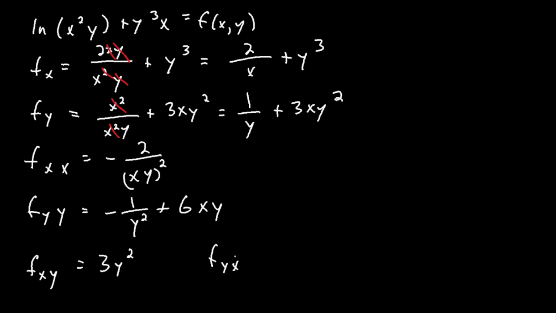Let's solve for the other combination, f of yx. Now if you derive this with respect to y and then with respect to x, what do you get? Since this is treated as a constant, and this is treated as a constant, we get 3y squared.